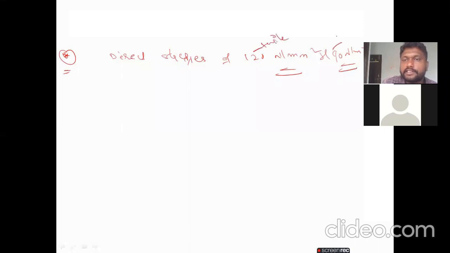Okay. The direct stresses given in the problem are 120 Newton per mm square and also 90 Newton per mm square. This is tensile, this is compression. That means sigma 1 equal to 120 Newton per mm square, sigma 2 equal to minus 90 Newton per mm square.